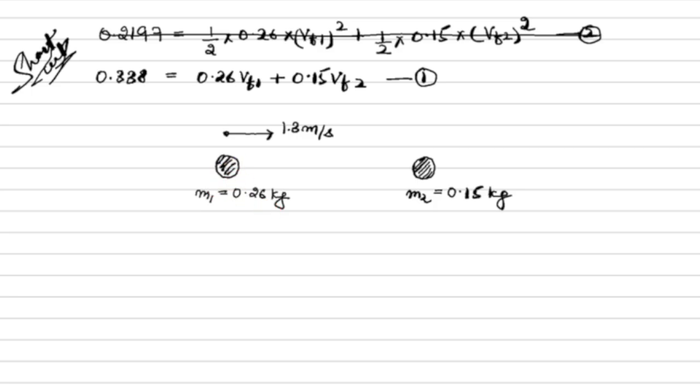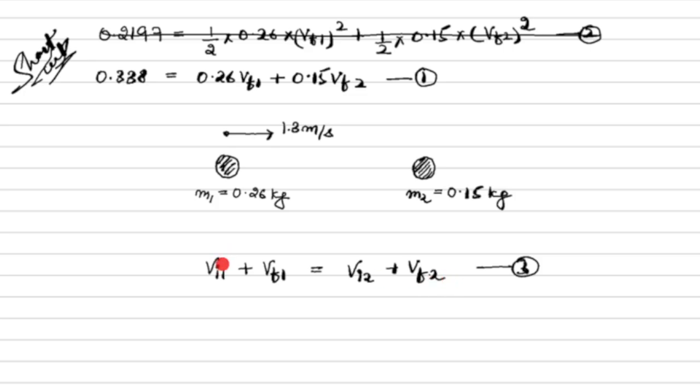So for example, this guy's initial velocity v initial of 1, if you add that up with the final velocity of 1, that will be equal to initial velocity of 2 plus final velocity of 2. So this fact will give us another linear equation which we can solve this question very easily. No need of a quadratic equation.